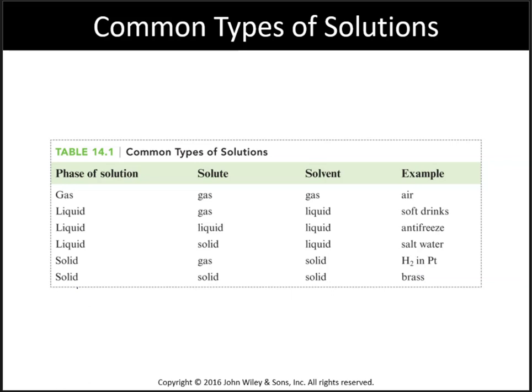Or you can have a solution of solid and solid, where basically any alloy could be an example of a solid-solid solution, as long as the alloy looks uniform in terms of the color, and you can't tell the different metals, different phases in there, it is considered a solution.